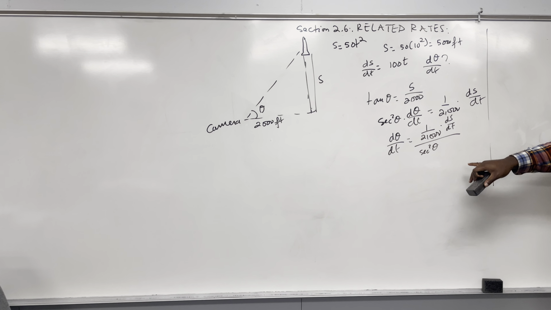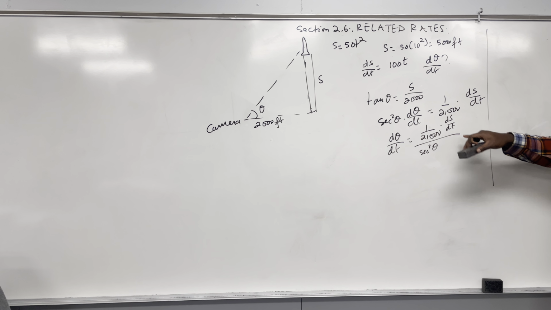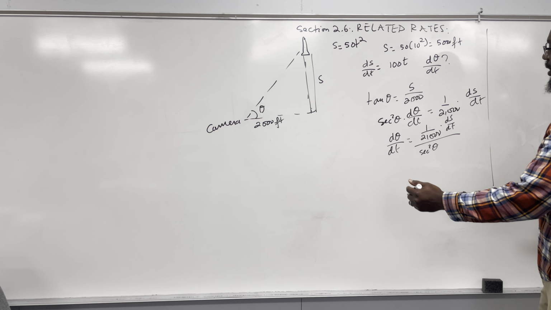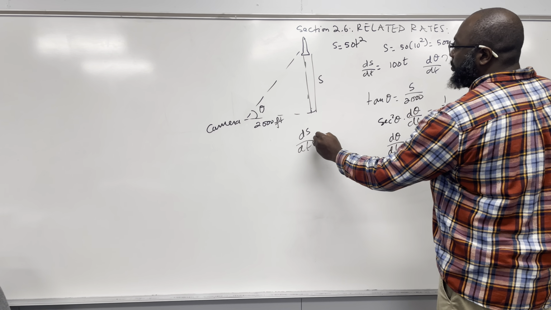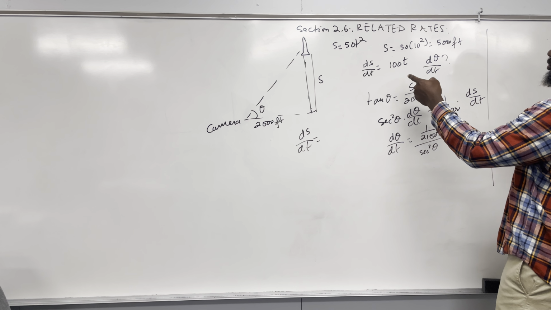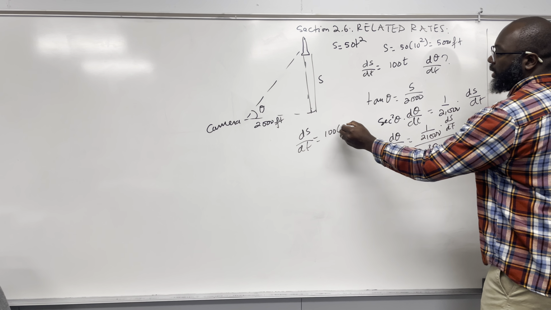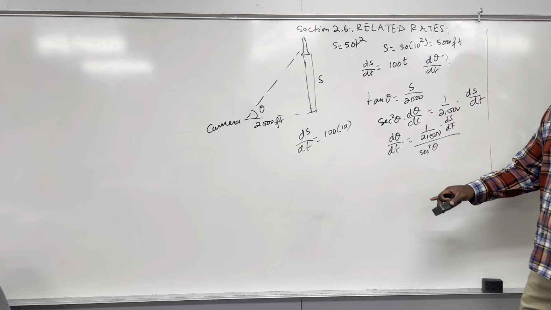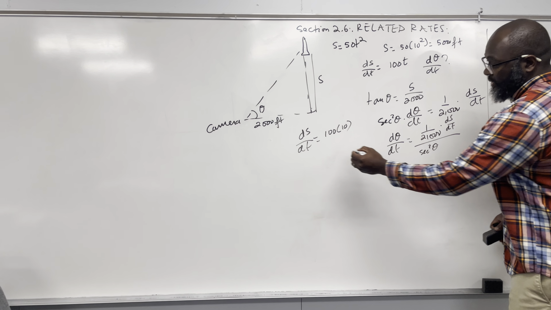Now we need to find secant squared theta, and we need to find ds over dt. So ds over dt would be basically 100 times 10, because we're doing it 10 seconds after liftoff. So that would be 1,000.